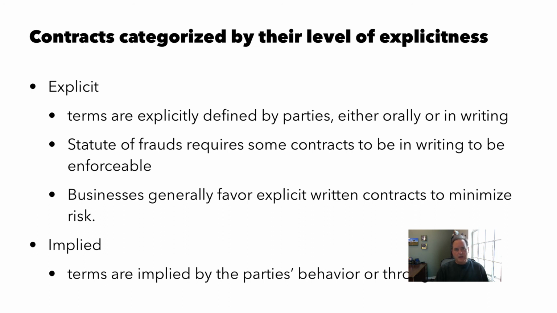So if I have an agreement to sell you vegetables, and I will bring the vegetables, I'll drop them off at your place of business, you'll have a chance to inspect the vegetables, and then at some point you will notify me of what you're going to pay, and then I return to pick it up. Even though we haven't expressly written that agreement down, our actions have led to the level of an implied contract, where the terms are implied by our behaviors.